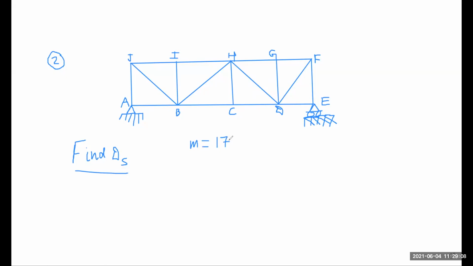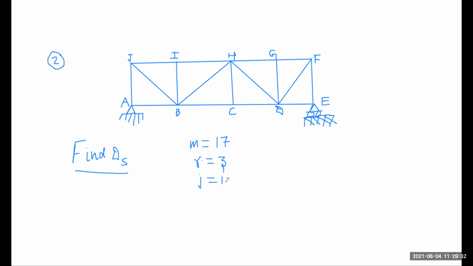Next, total number of reactions: in a hinge joint there are 2 reactions and in a roller 1. Therefore, total reaction is equal to 3. Counting the joints, total number of joints is equal to 10.